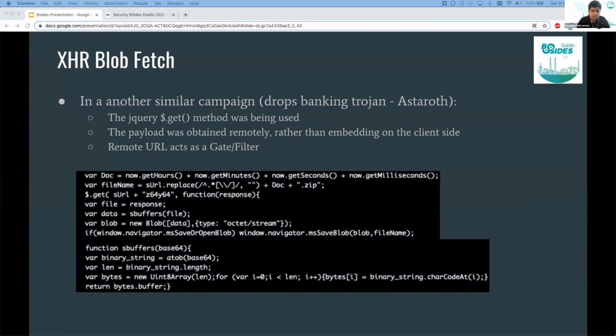I think the reason behind using this technique is the remote URL was acting like a gate, which filters access to the malicious base64 encoded payload. So if someone were to just visit the link standalone, then it would return a 404 or redirect the user to some benign sites like downloads.microsoft.com.